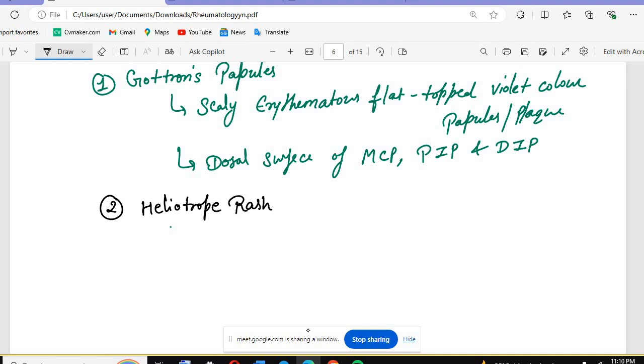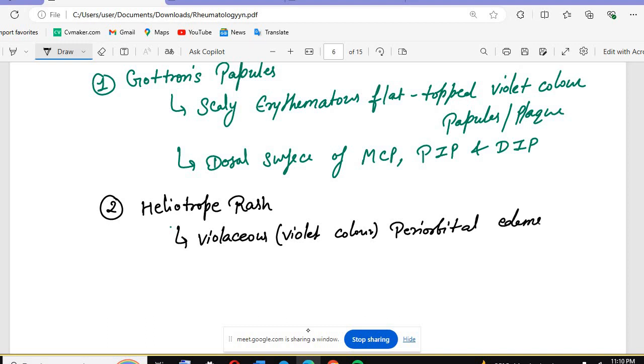In the heliotrope rash, remember, you will see the violaceous periorbital edema, violaceous meaning violet color, and erythema, and erythema means redness.